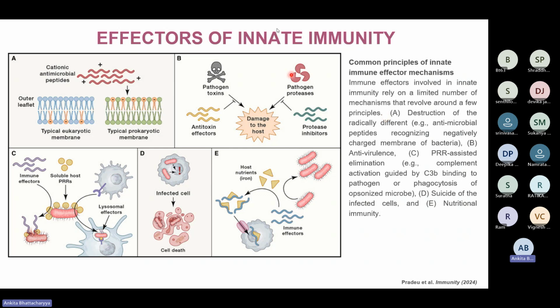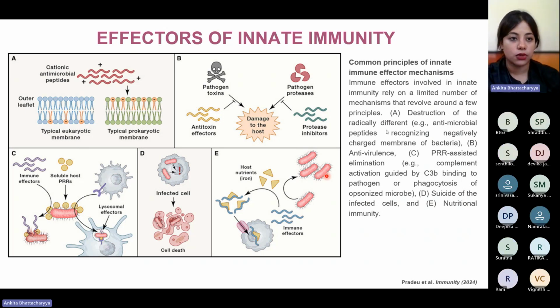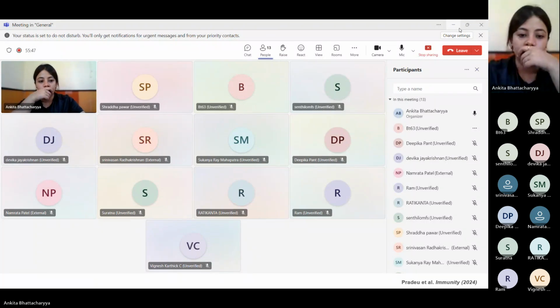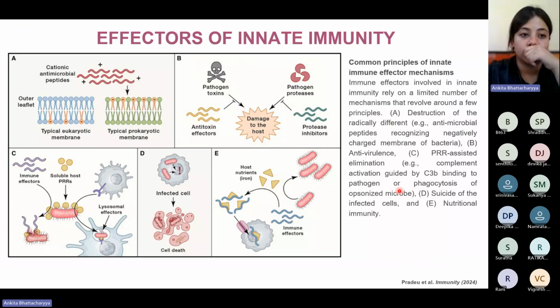The first of which, what you see here in red, are cationic antimicrobial peptides. What you see here is an indication of plus charge, which means that it is positively charged. So what is the reason for cationic peptides being released?